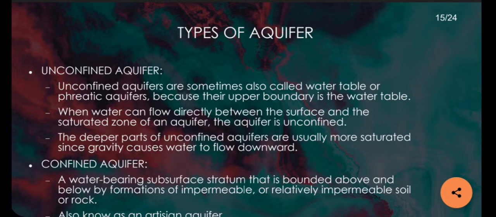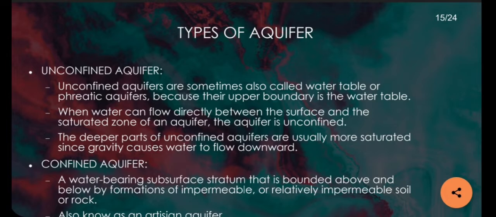So the precipitation results in water flowing down through rock into the upper unconfined aquifer, only to be blocked by the underlying confining layer. So the water is blocked by the confining layer.